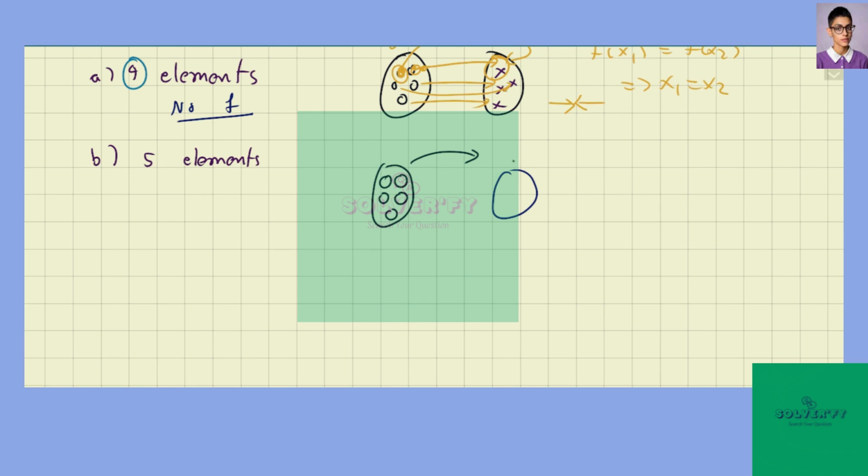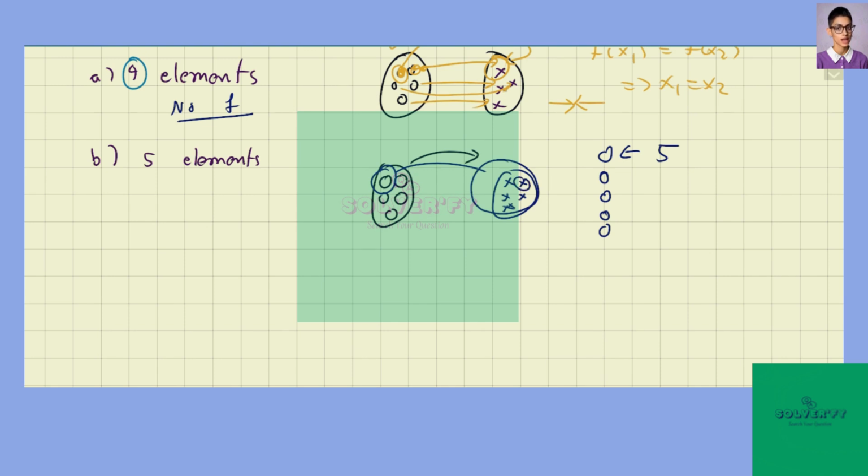For each hole here, you can assign any of these 5 possible elements in the target set. So in summary, you have 5 holes, and at the first hole you have 5 possible elements. But this function is one-to-one. That means that these elements cannot be repeated.